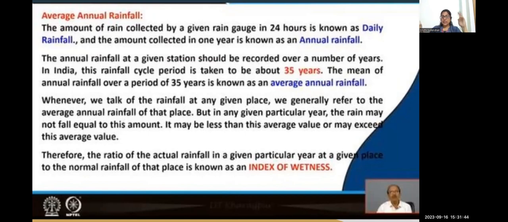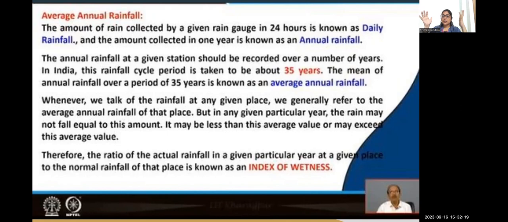So if you're asked to take the data for 10 years, we'll take the first year's annual rainfall, the second year's, the third year's, and so on up to 10 years. Now, in India, one rainfall cycle is considered as the standard period for measurements, comparisons, or probability.